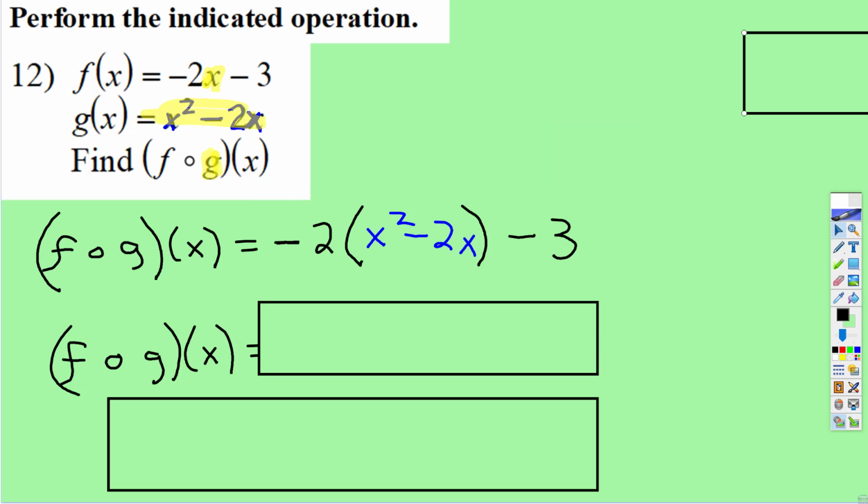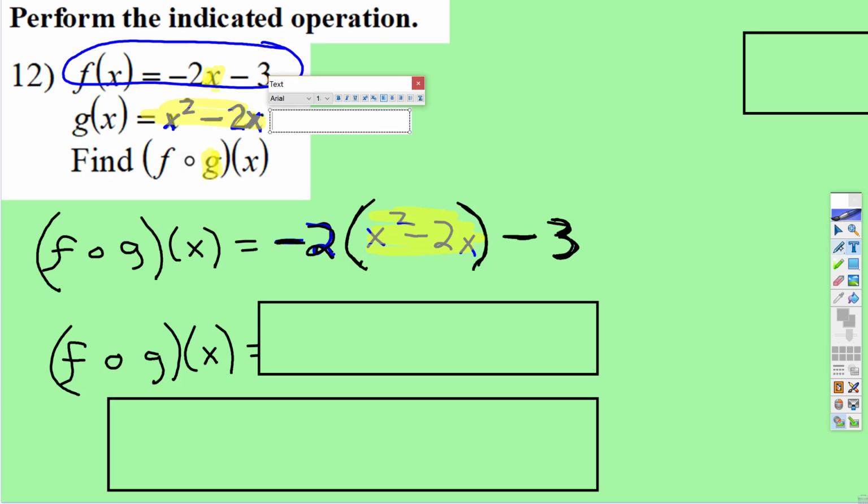So notice how I do it. I go ahead and write this function down, negative 2x, and where the x would be, I put a big space between two parentheses. So negative 2x subtract 3, that's the f of x. And where that x would have been, I go ahead and insert the g function.